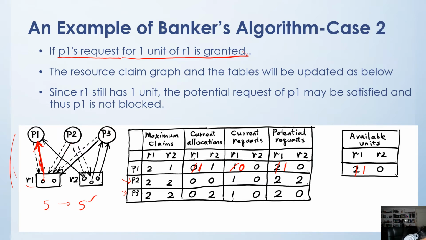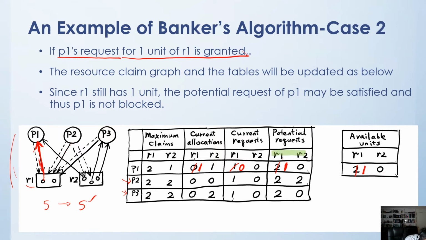Let's check the potential request for each of the processes. Process 1 will potentially request 1 unit of R1 and 0 units for R2, and that exactly matches the available units. So it's possible that P1 can continue.